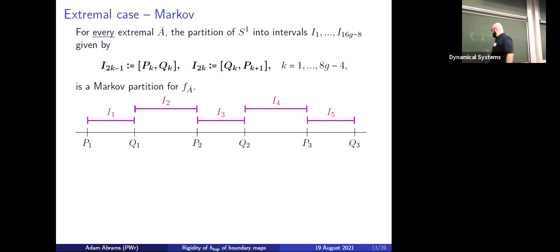And these parameters are somewhere in this interval. So Ak is somewhere in that interval, and Ak plus 1 is somewhere in this interval in general. For an extremal parameter, we're saying that Ak is exactly Pk or exactly Qk.